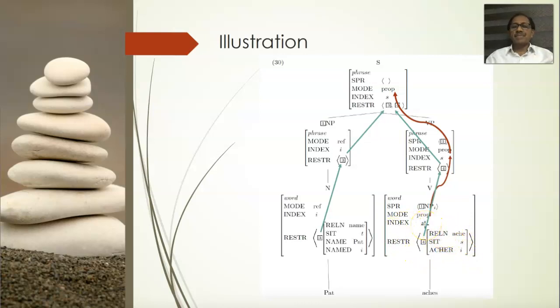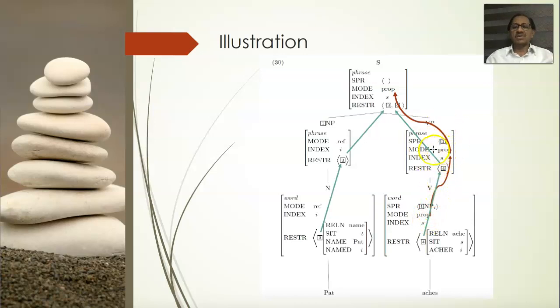Now by the semantic inheritance principle, what should happen? Mode and index values of the head daughter, this is the head daughter, are identical with the mode and index values of the mother node.